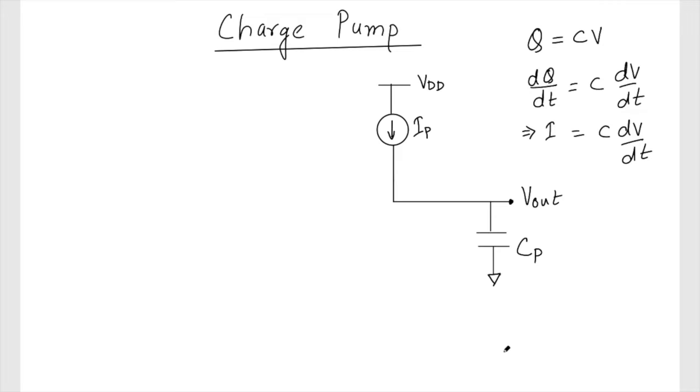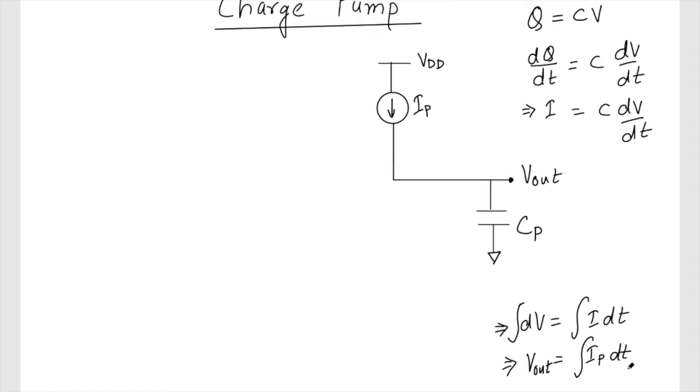Or I can write it as dV being the integration of I dt, or in this case IP dt. If I integrate both sides, then the voltage V out will be nothing but the integration of IP dt. So basically it will be an integral function, right?